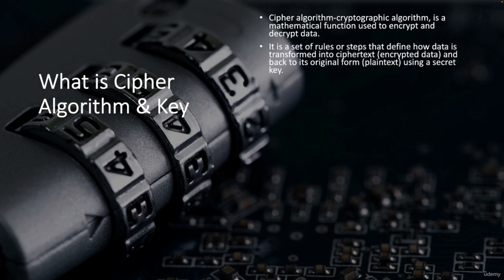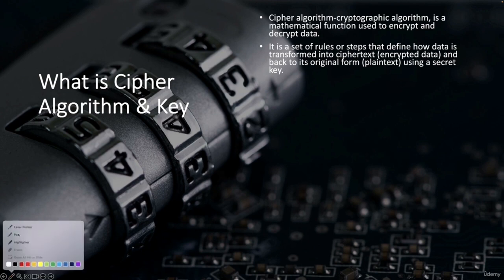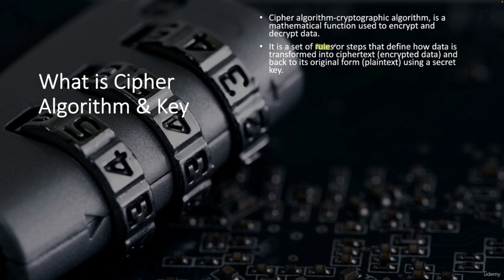So that is what it says: it is a mathematical function which is used to encrypt and decrypt data. Now, going again by the root word, an algorithm is nothing but a set of steps or a set of rules, we can call it. So it is a set of rules or steps that define how the data is transformed into ciphertext.